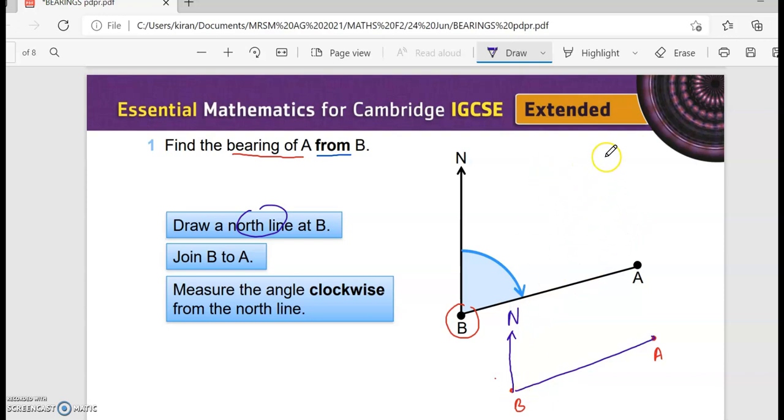So north, standard lah untuk bacaan untuk kompas. We join the line between A and B, and then we measure the angle clockwise from the north line. Awak gerakkan clockwise tu sampailah you touch the line that joining both points.